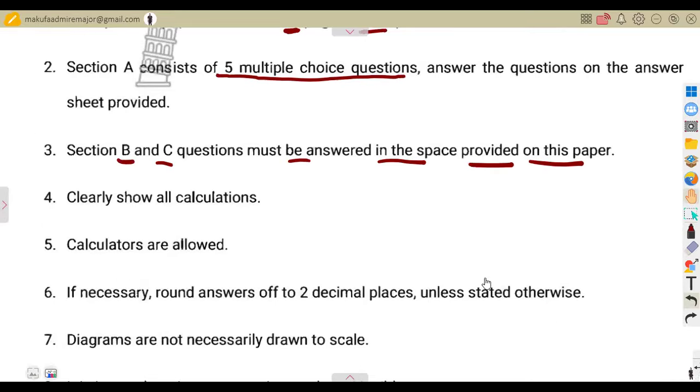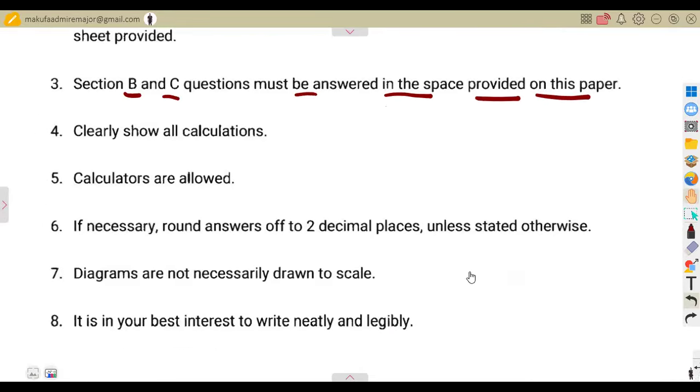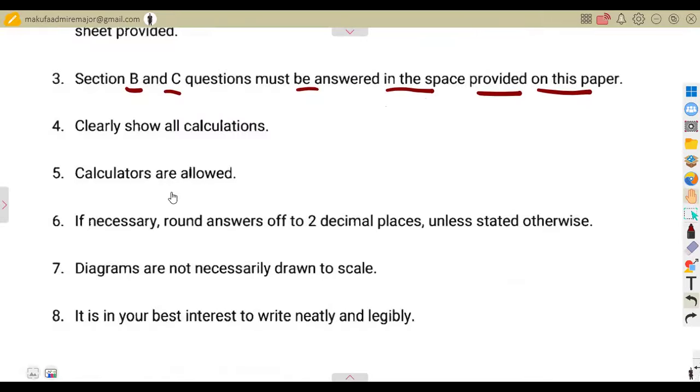Then clearly show all calculations. Calculators are allowed, meaning to say you can use your calculator. If necessary, round off to 2 decimal places.